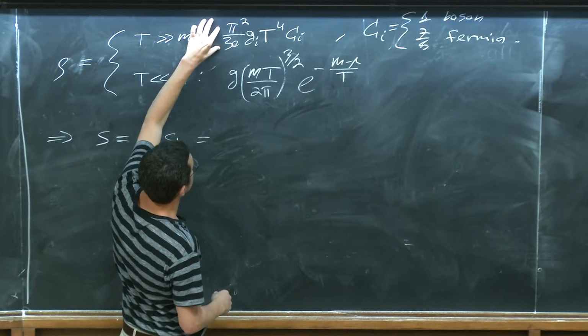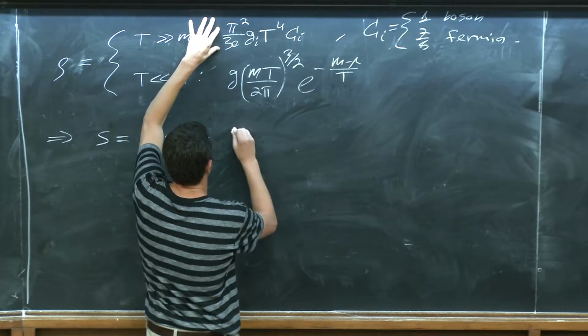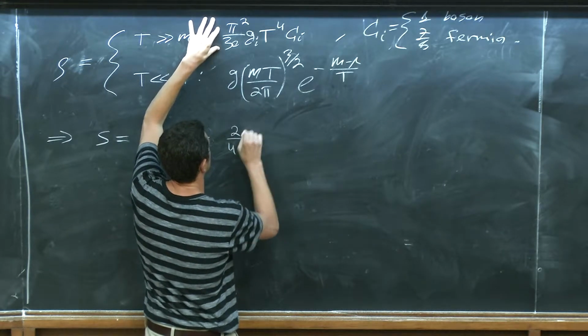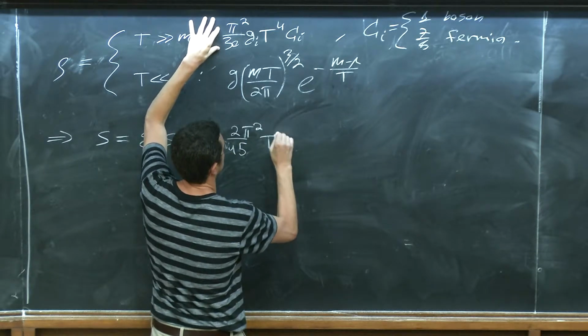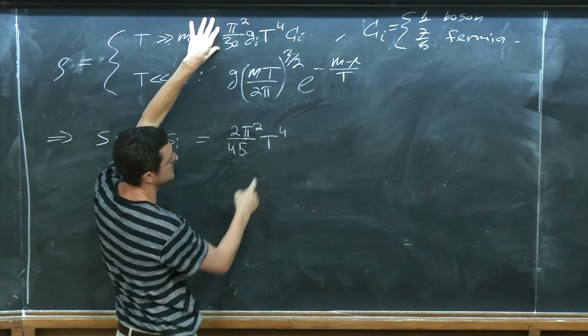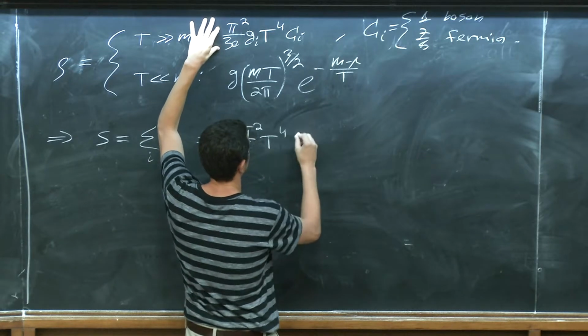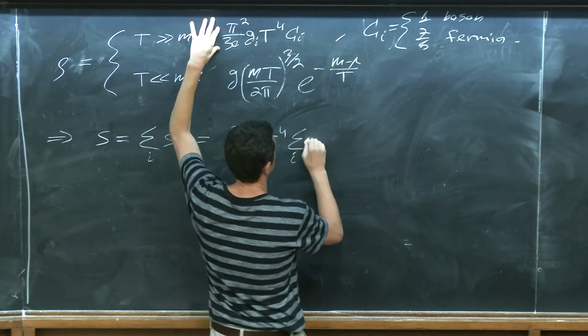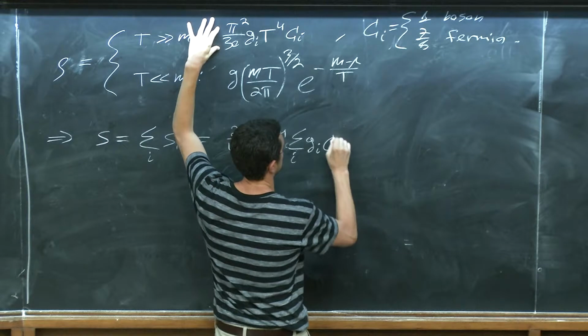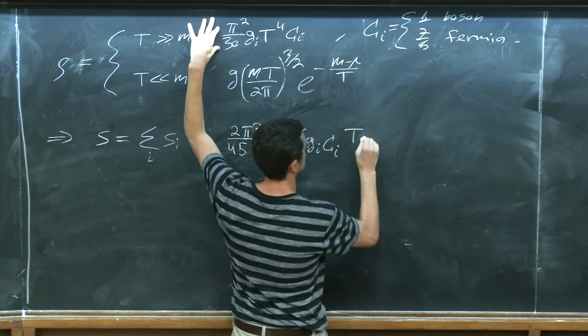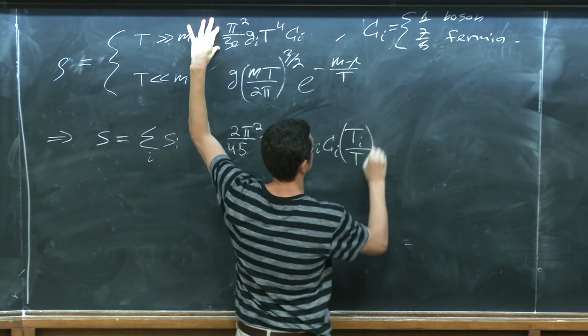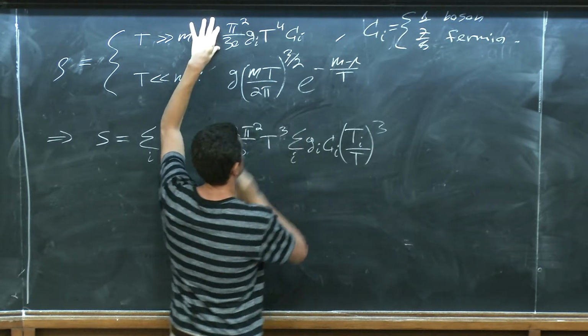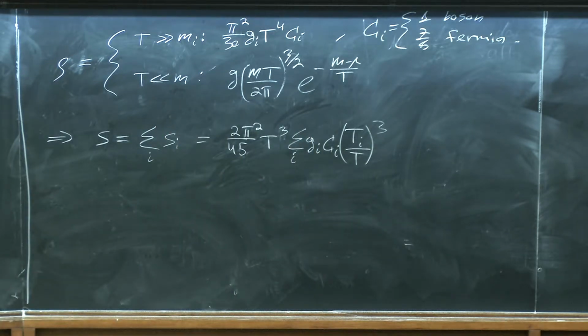So I have this plus 1/3 of this, which I believe is 2/45 pi squared T to the 4. Let us choose as a label the photon temperature, times the sum over i of gi Ci (Ti over T), of course, cubed.